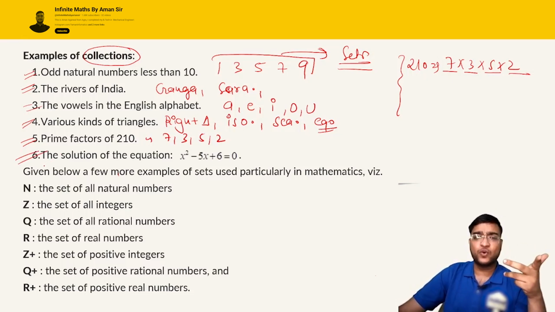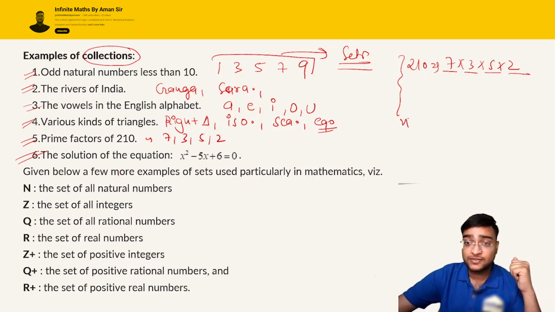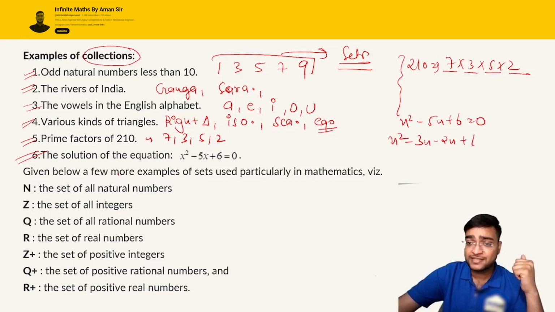The last point is the solution of the equation. This is so easy; we already learned it in class 10. The equation is x squared minus 5x plus 6 equals 0, and we factorize it for the solution: x squared minus 3x minus 2x plus 6 equals 0. For 6, the factors are 2 and 3.